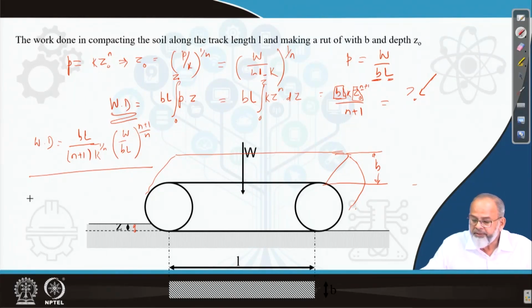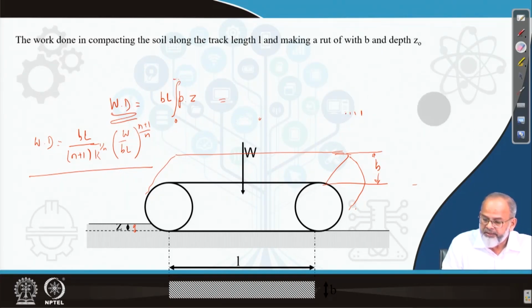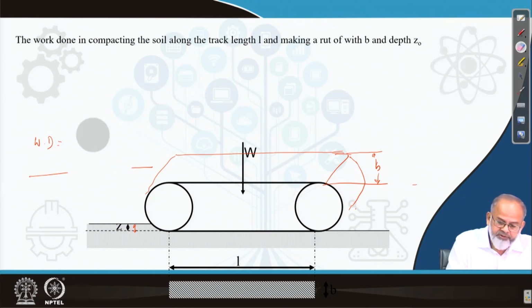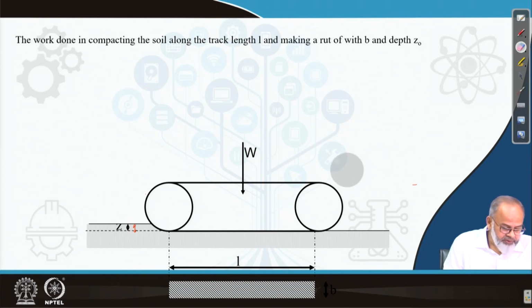So let me repeat again. If I want to tow this track to a distance L by applying a force which is called towing force, then that towing force will be equal in magnitude to the motion resistance. Why? Due to compaction of soil.